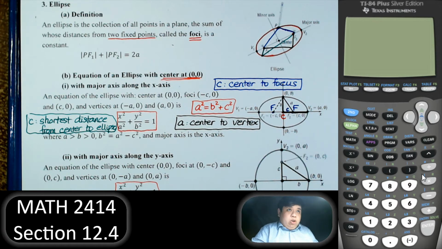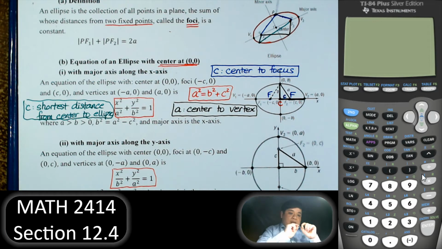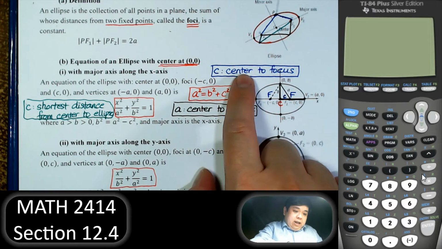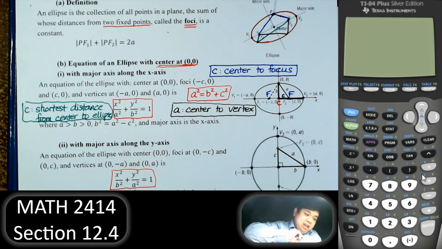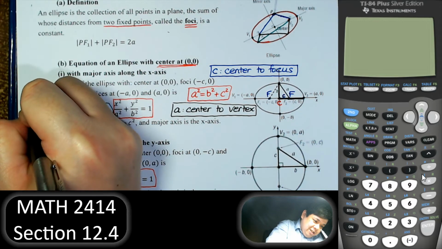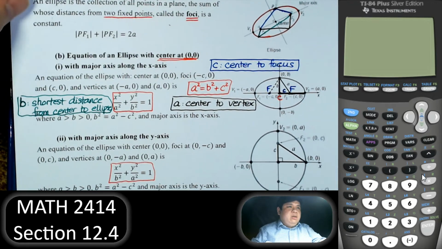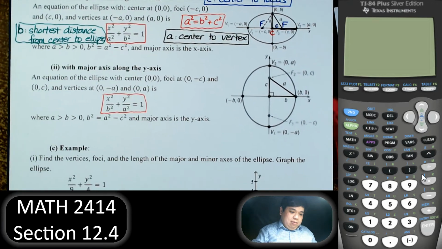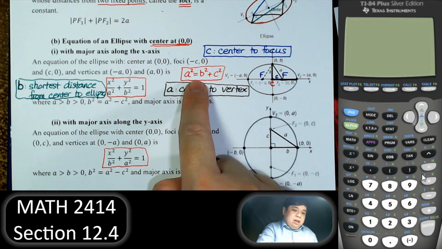It will be easy when we go to an example, but the things that are constant are the same in both. a is the biggest distance from the center to the vertex, which is the biggest distance from the center to the ellipse as well. c is the center to the focus, and b is the shortest distance from the center to the ellipse. Those three things will be the same.